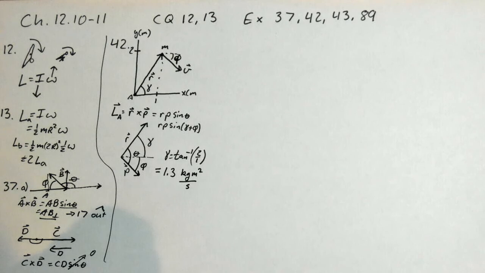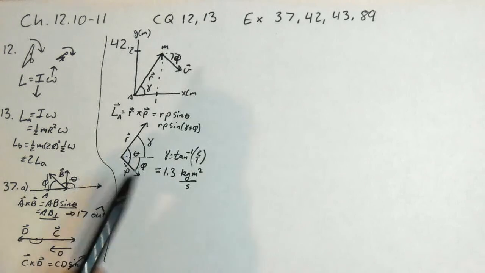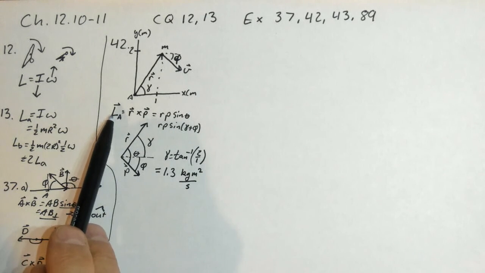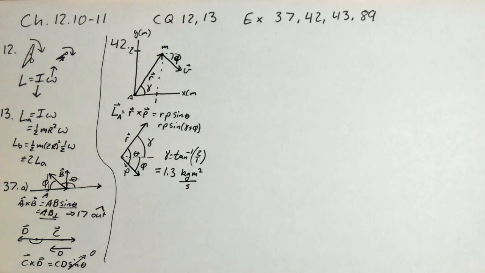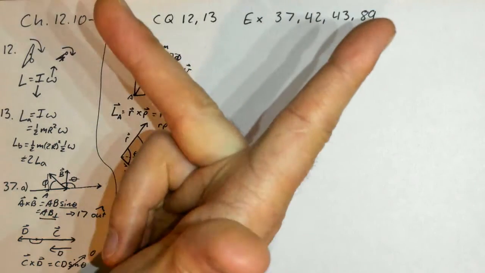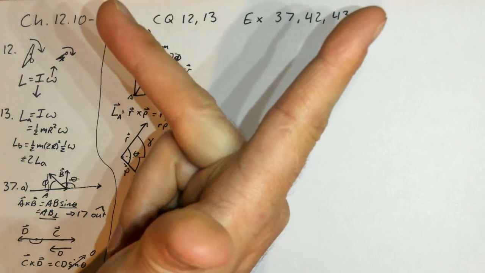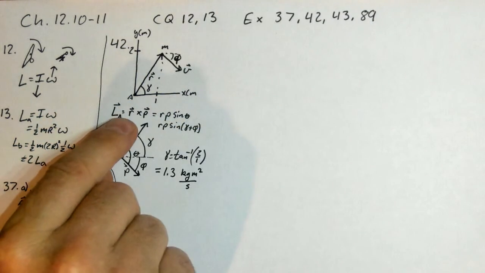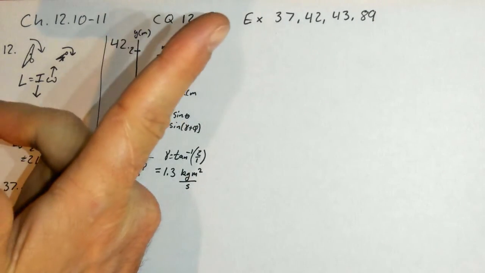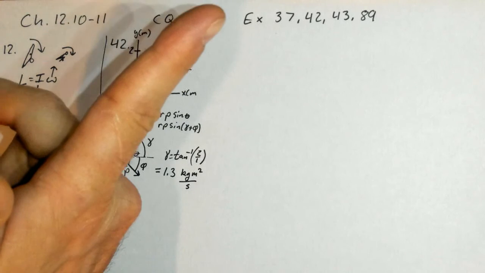Now, I'm not done, because I found out how big L is, but I haven't found its full direction. So in this case, I've got to use the right-hand rule to get that answer. And here's my fingers in the right-hand rule form. Again, I like to choose this finger to be the first vector, which is R. So I'm going to point in the direction of R. It's up like that.